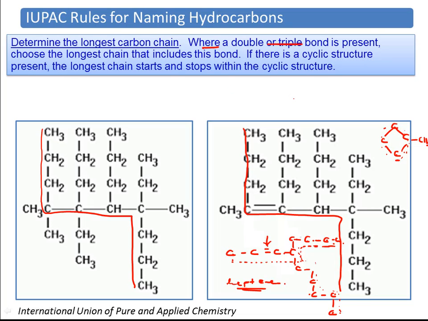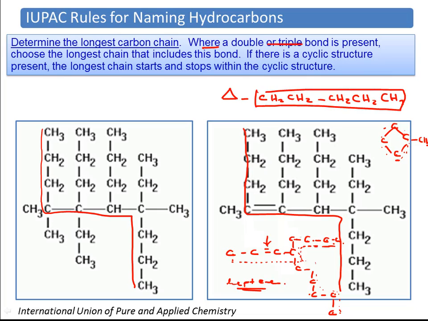For the course we are doing, we will never come across the scenario I'm going to give you now. It's a possibility that I can have something like this with a longest chain that has got more carbons than what's in the ring here. This will be our principal chain. That will be our side chain. So when the side chain on a cyclic hydrocarbon is longer than the ring that you have, then it becomes your principal group.